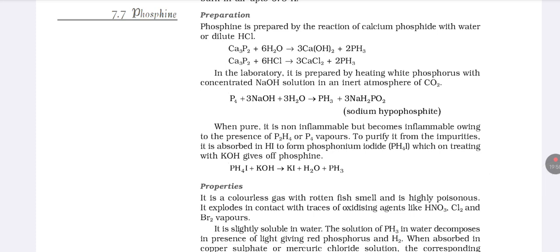Phosphine preparation. Phosphine is prepared by the reaction of calcium phosphide with water or dilute HCl. In the laboratory, it is prepared by heating white phosphorus with concentrated sodium hydroxide solution in an inert atmosphere of carbon dioxide.